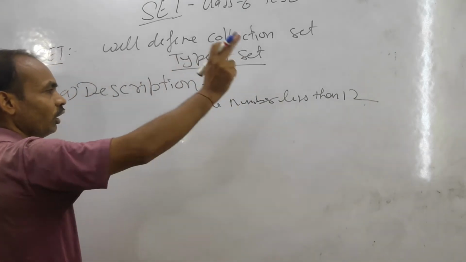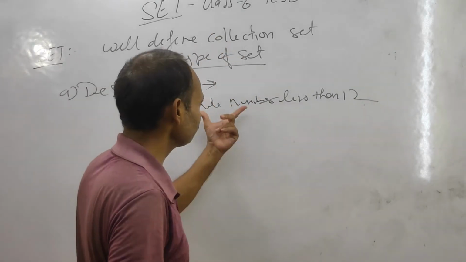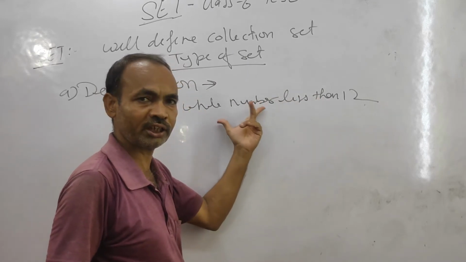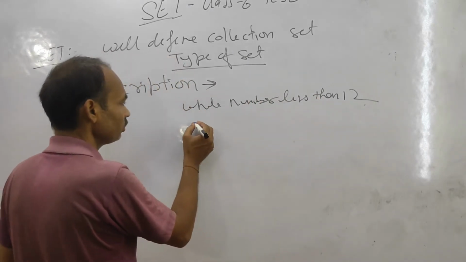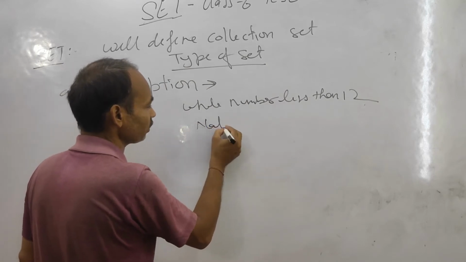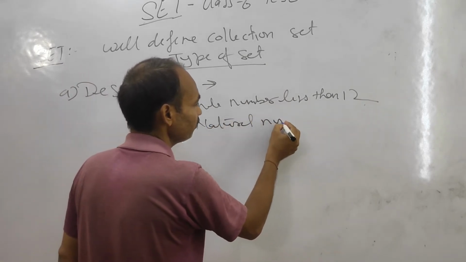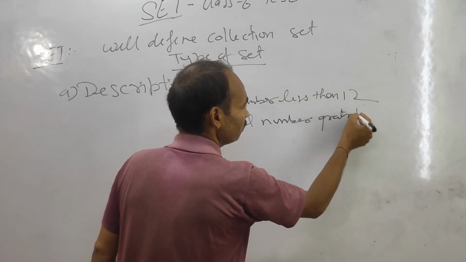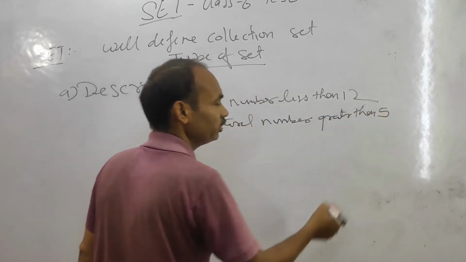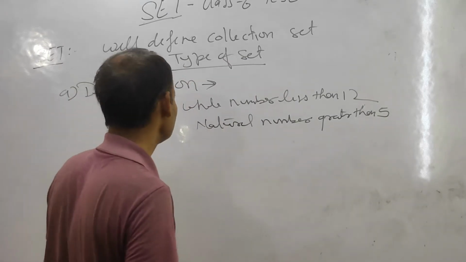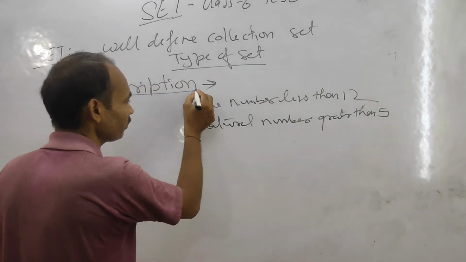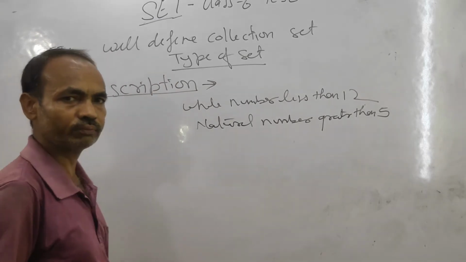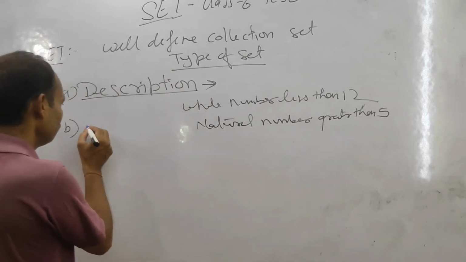It is also a set, because it is well defined which elements will come under this criteria. The natural numbers greater than 5, it is also a set, and this is a descriptive set.